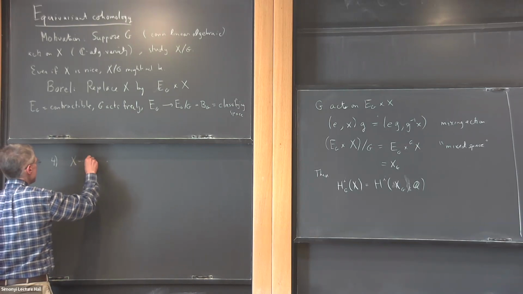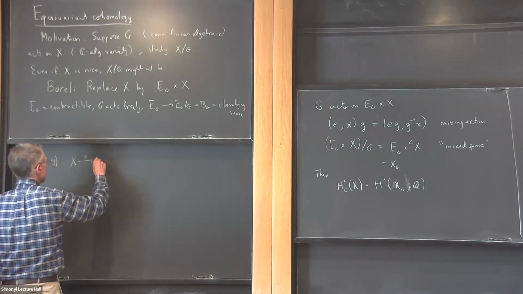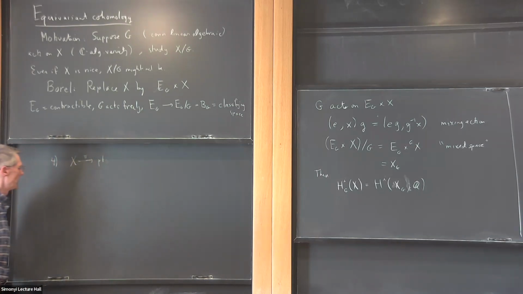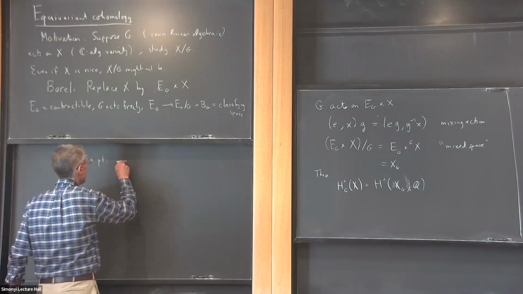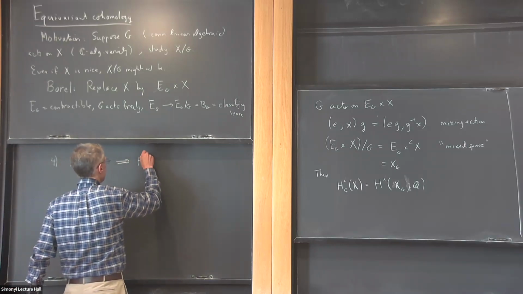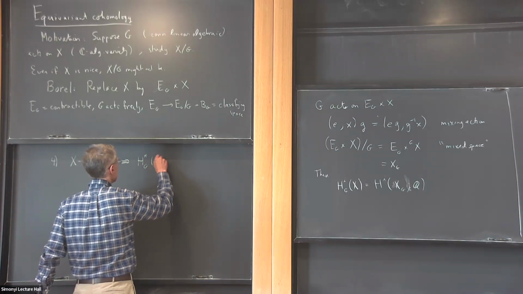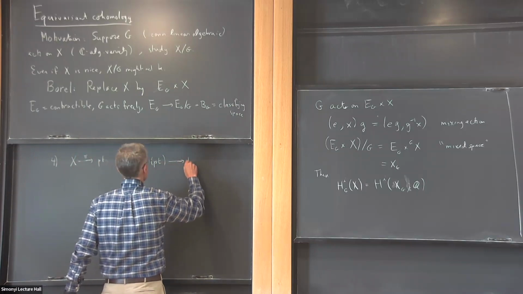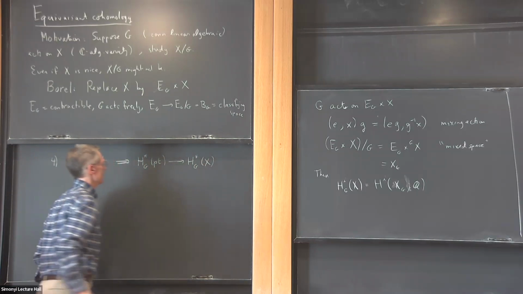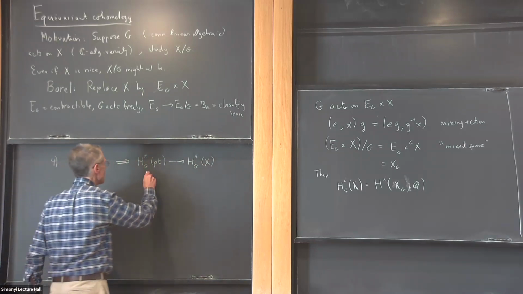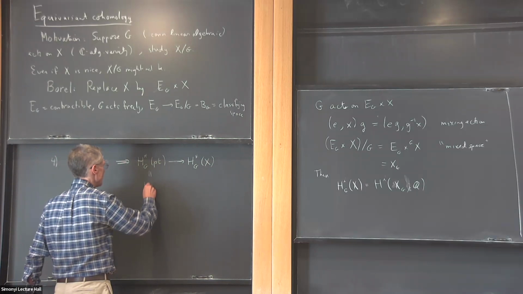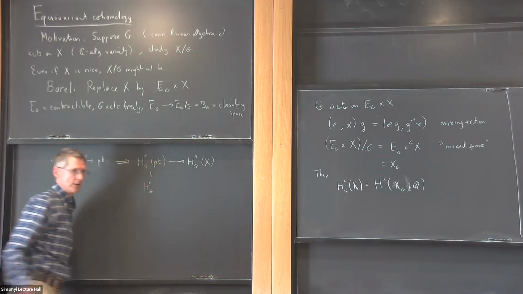there's always a map pi from X to a point. So there's always a map from the equivariant cohomology of a point to the equivariant cohomology of X. And in this talk, I'm going to denote this by just H star_G.